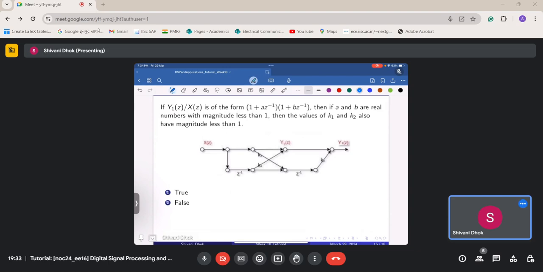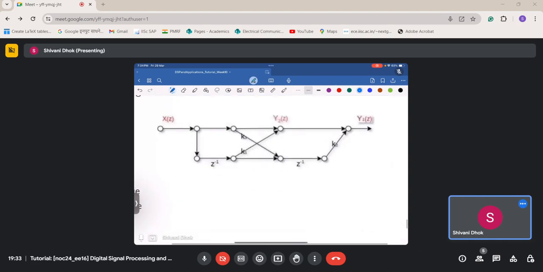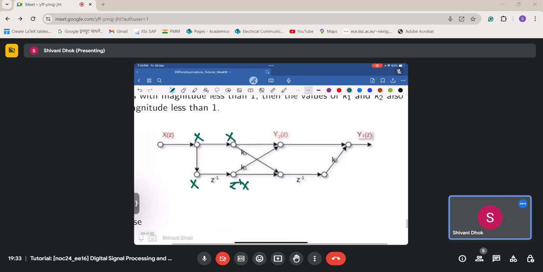Now if you look carefully at this SFG or signal flow graph that is given to us. So this point is x, this point is x, this point is z inverse into x, this is also x. Then at this location we are having this x getting added with z inverse into k1 into x.